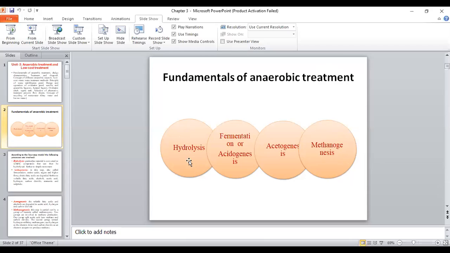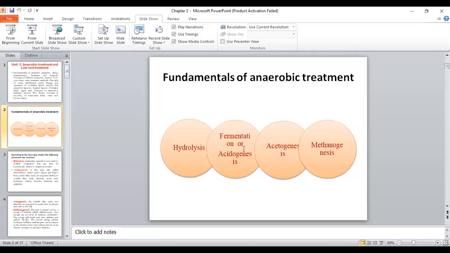Once again, I will explain. There are four fundamental stages in anaerobic treatment. Anaerobic treatment means 100% absence of oxygen, and in that the sludge will be hydrolyzed first, meaning complex organic compounds will be converted into simple forms of organic compounds.